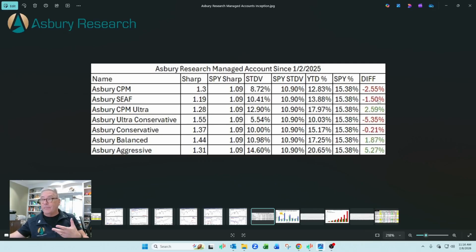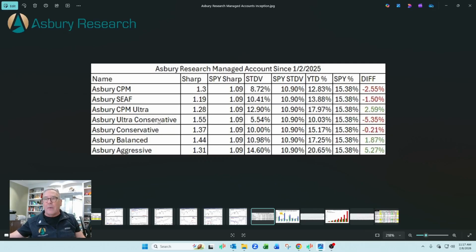But again, CEF has had a spectacular couple of 5 or 6 weeks here. Over time, CEF tends to outperform by around 7%. Our CPM Ultra is over the past 13 months outperforming the S&P by 2.59%. Our Ultra Conservative is, as the name suggests, super conservative.